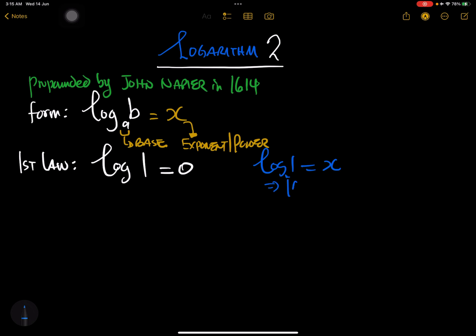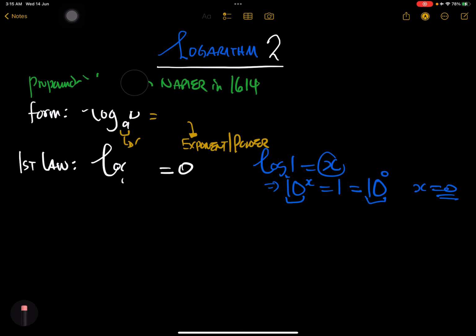So that means 10 to the power of x is equal to 1, and we write the 1 also in the form of 10 to the power of 0. Because the base is 10 here and this base is the same as that base, x is also 0. So that's the proof for the first law.